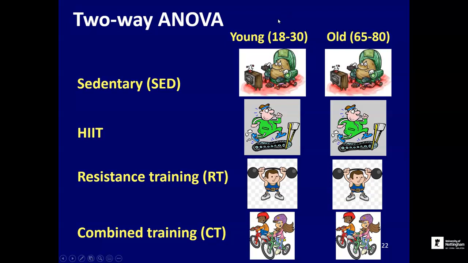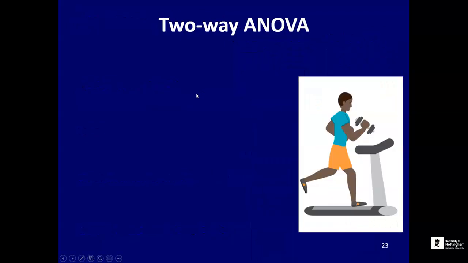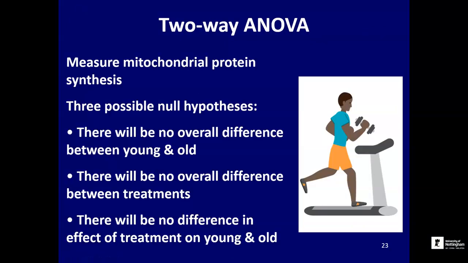So it made sense to have both young and old people in the experiment, so we can get a baseline from what we'd expect in young people, and then we can compare it with what happens in the older people. So that was the design of the experiment. And if you think about it, this design gives rise really to 3 different null hypotheses about your response variable, which in this case was protein synthesis in the mitochondria.